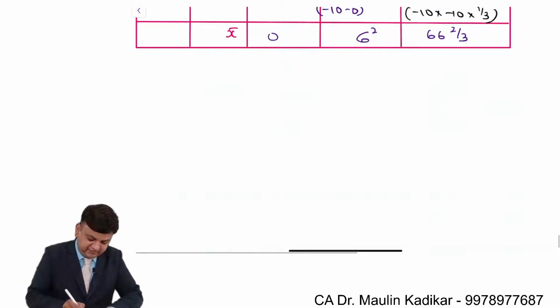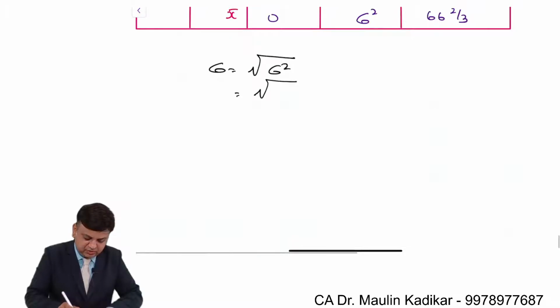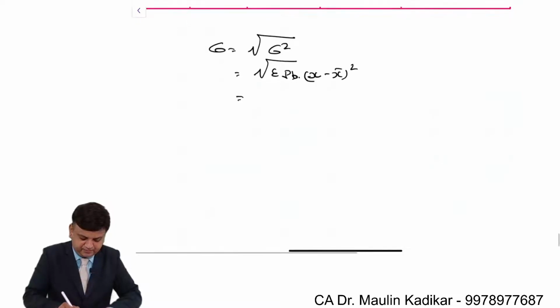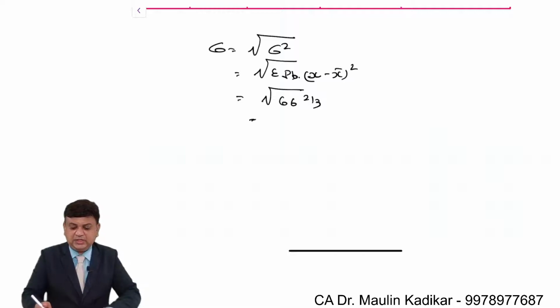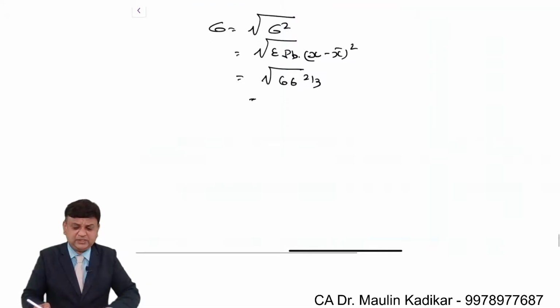And lastly, we have the standard deviation. It is under root of variance. So it is under root of summation probability x minus x bar whole square. So it is under root of 66 2/3. So the under root comes to 8.1649.